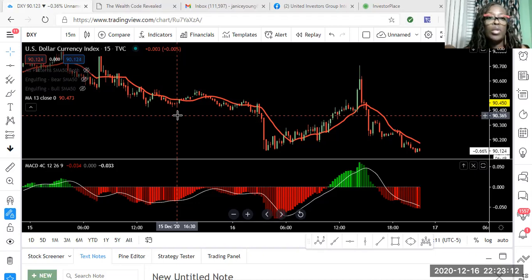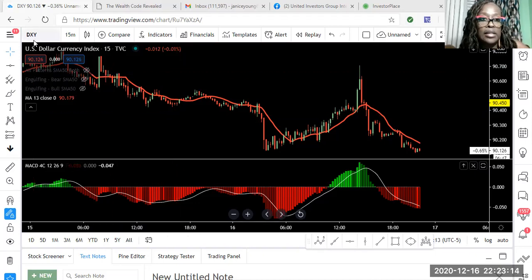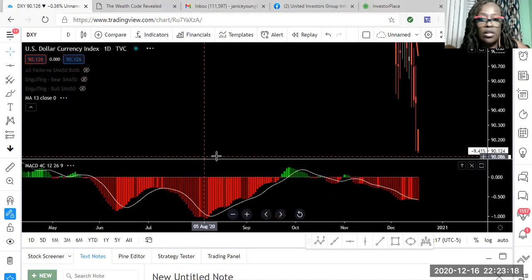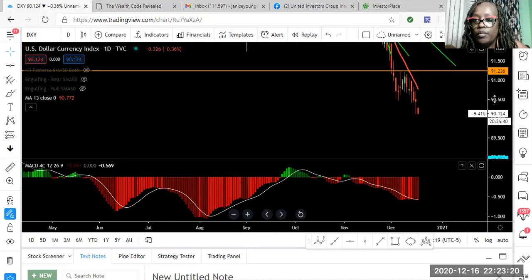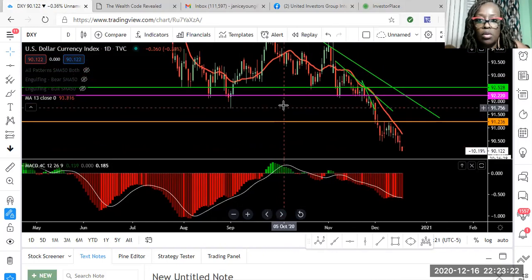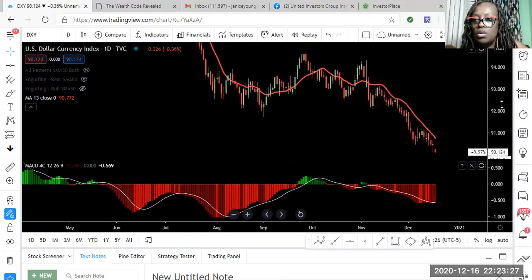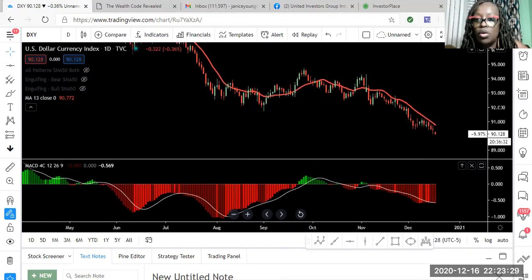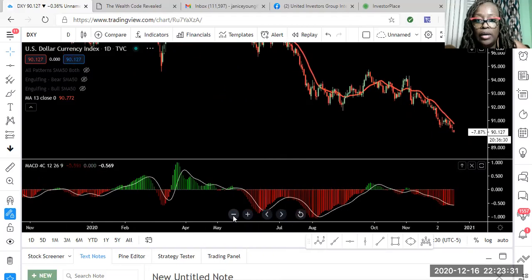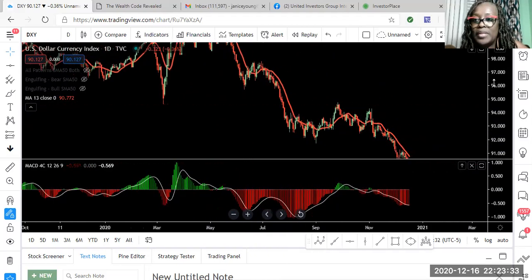TradingView, right? So we're looking at the dollar, right? So let me start with the daily. I like to go on the higher time frame. Oh, lots going on. Let me clean that up real quick. Okay. So we're here. So clearly, what do we see?